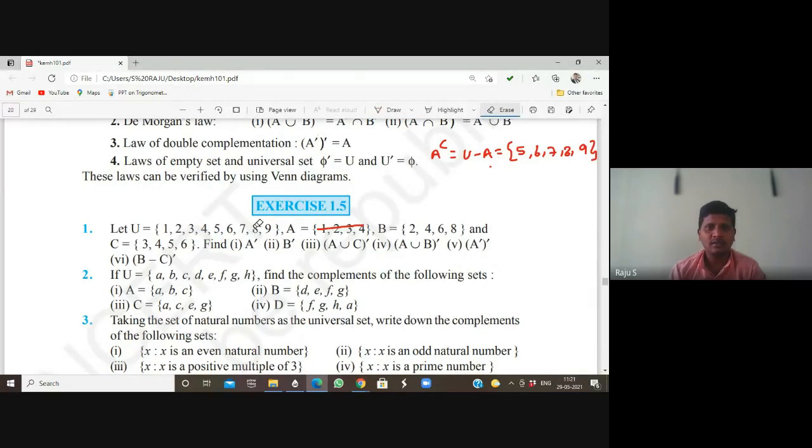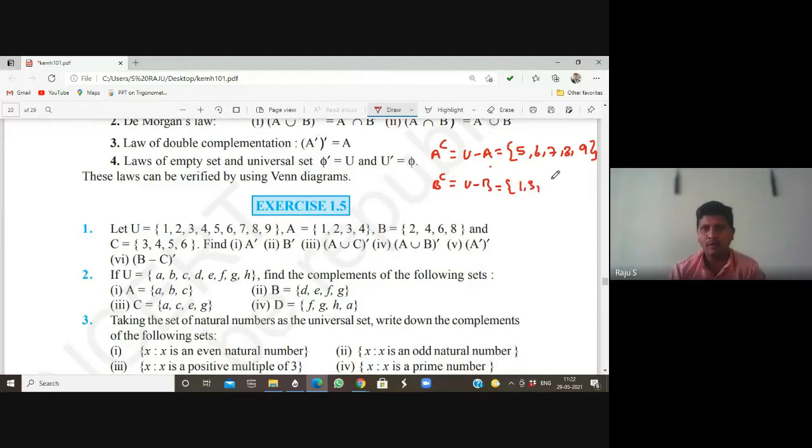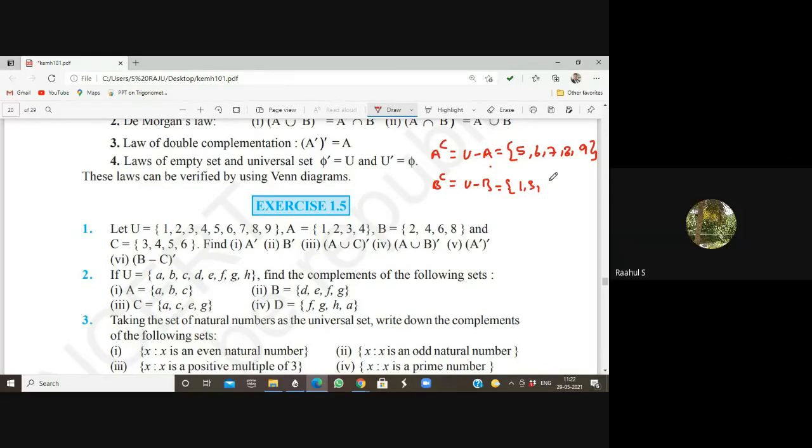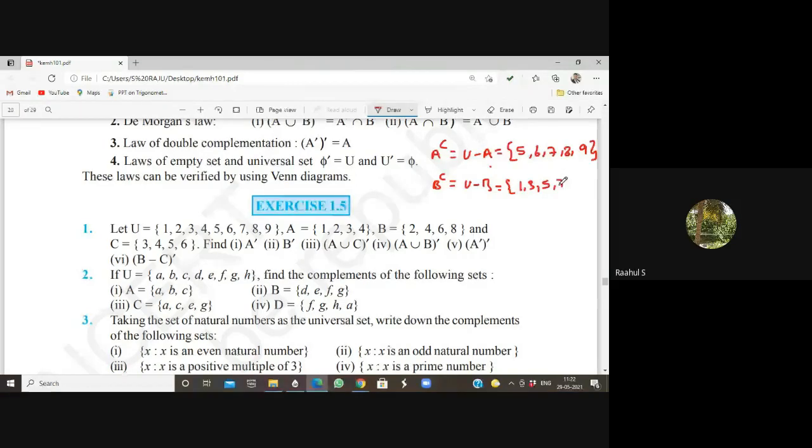Is it clear, students? For U minus A, you should cancel the elements which are common to both, and the remaining elements are A complement. Then B complement, U minus B. Yes, students. Answer: 1, 3, 5, 7, 9.